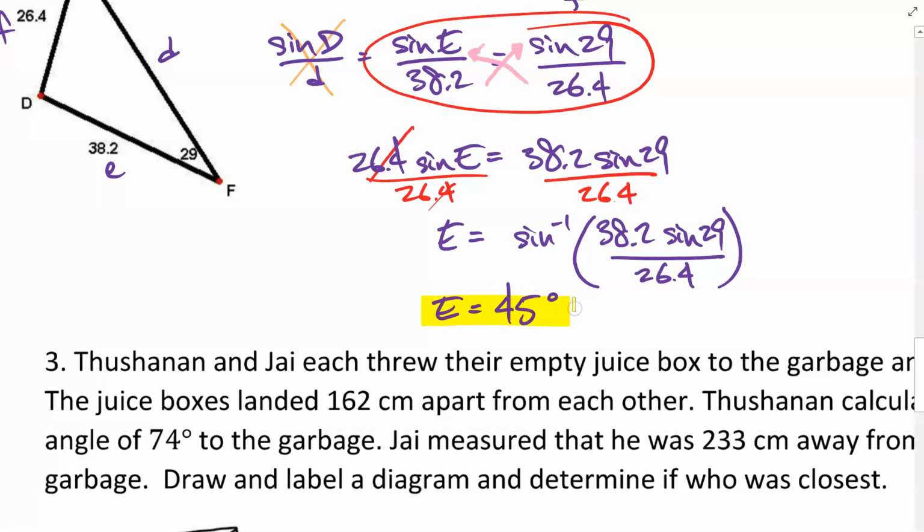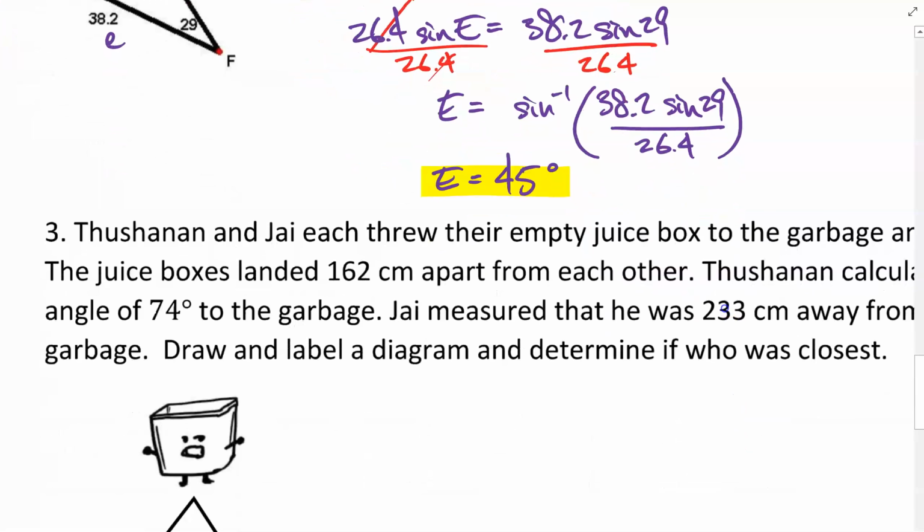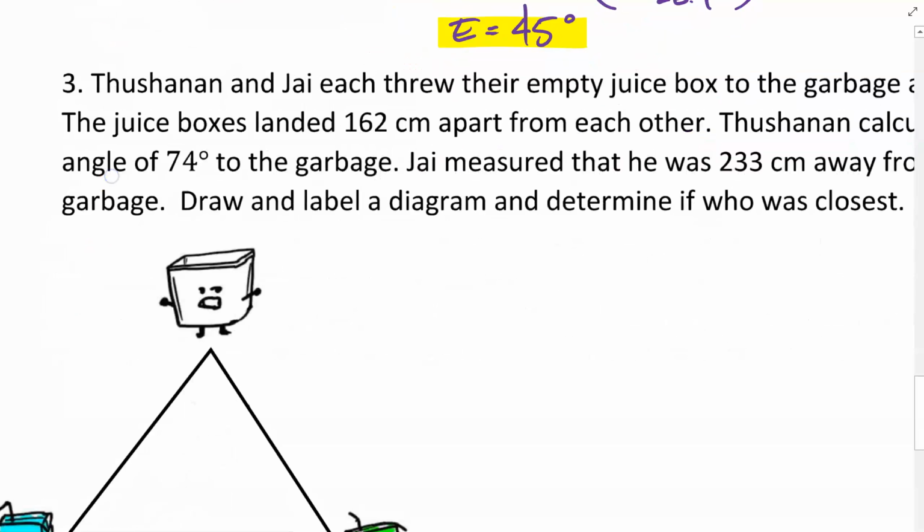For angles, you want to round to the nearest whole degree, unless it's specified that we want the nearest tenth, or if the angle is being used as part of a calculation for another part, so we want to keep it as accurate as possible. But as a final answer, rounding to the nearest whole number is typically what you want to do for an angle.